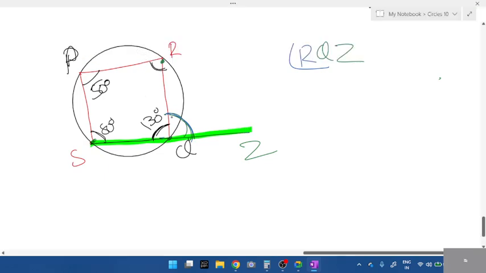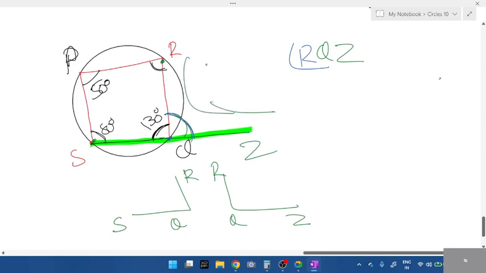SQ and Z. According to the straight line, what are the two angles formed? One we have is angle SQR, and what's the other one? RQZ. One is going on the left-hand side, the other one on the right-hand side. See, one like this, and the other one like this. Both meet at a point, 180 degrees, students.